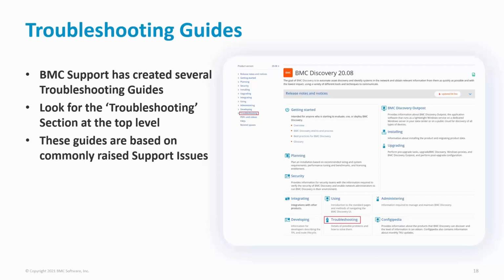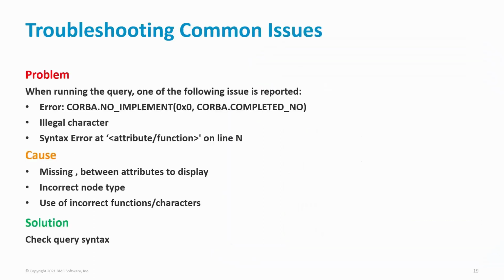BMC support has created several troubleshooting guides based on the commonly raised support cases. In our documentation, you can look for the troubleshooting section to find these guides. Let's look at a few common issues which you may encounter when running a query.